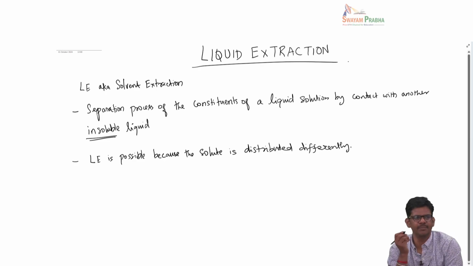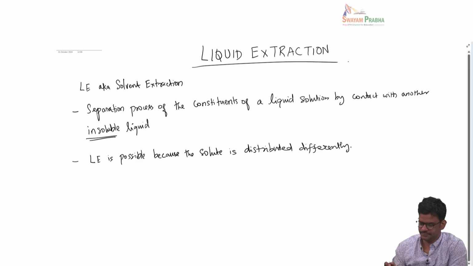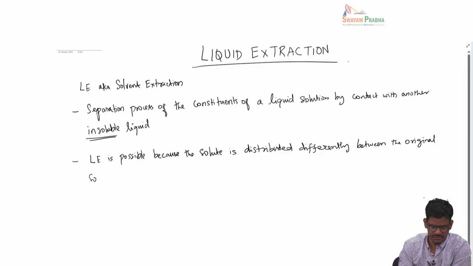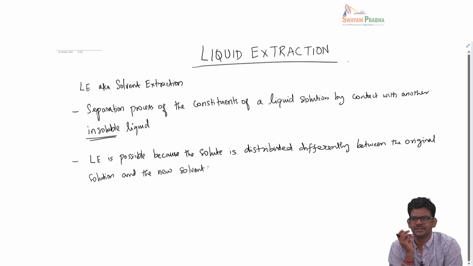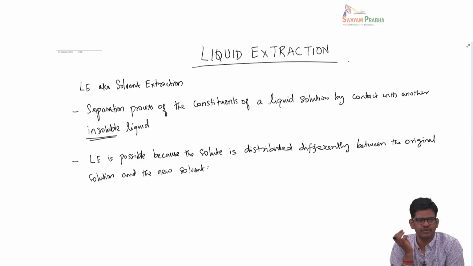When I say differently, I mean the mole fractions are different between the original solution and the new solvent that we add. Okay, so this is a very characteristic feature of liquid extraction or solvent extraction.